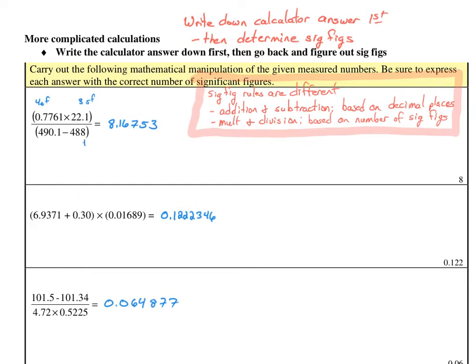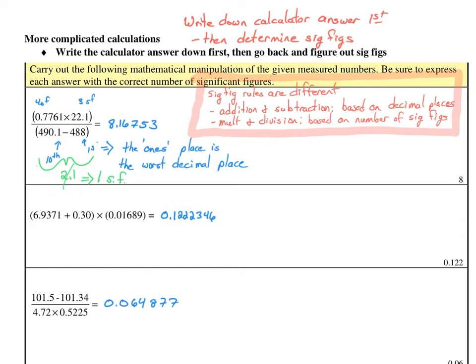The last digit here is in the ones place, and the last digit in this first number is in the tenths place. So the worst decimal place is the ones place, and that means this number, if we reported it separately, would be rounded to the ones place.